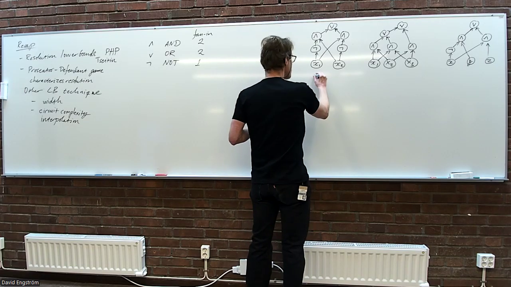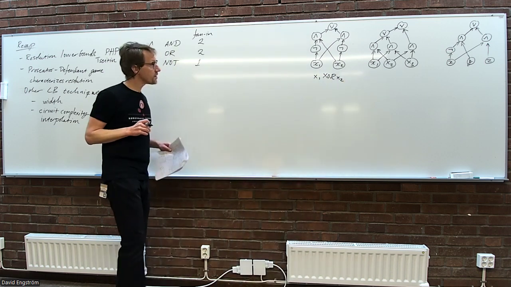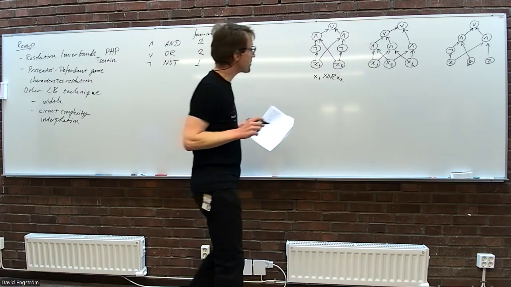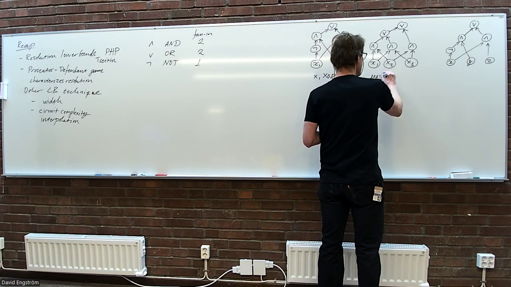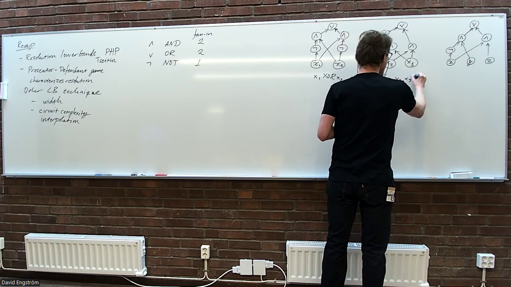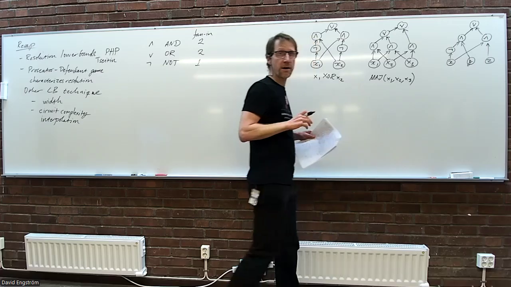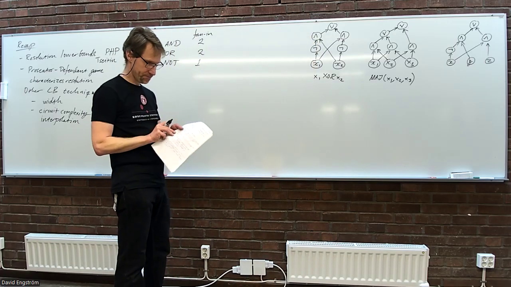So as you already figured out, this is just x1 XOR x2. The second circuit is just computing majority of x1, x2, and x3. It will output 1 if and only if at least 2 of the inputs are 1.